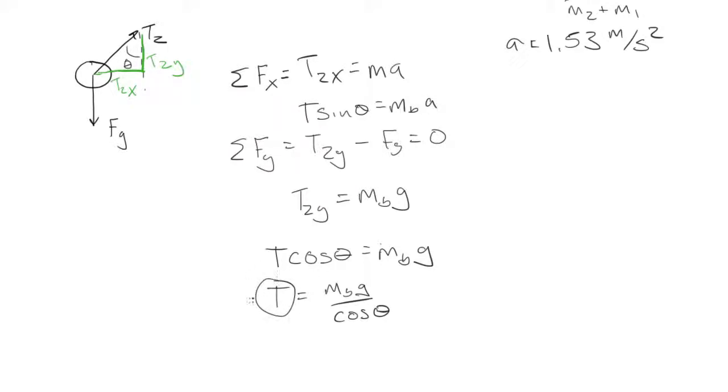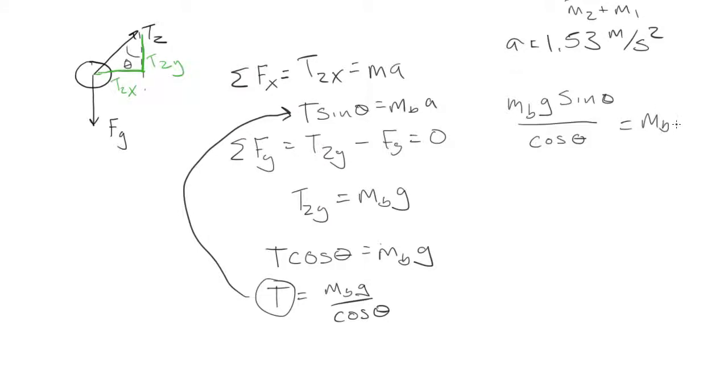And I can take this and plug it in up there. So what I get is mass of the ball times gravity times the sine of theta divided by the cosine of theta, that's just plugging in tension up here, is equal to the mass of the ball times A. Thank God, mass of the ball on the right cancels out with mass of the ball on the left.